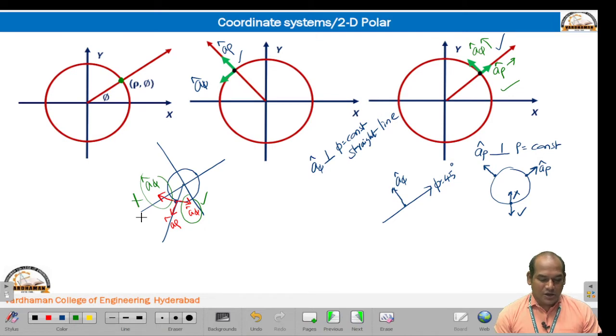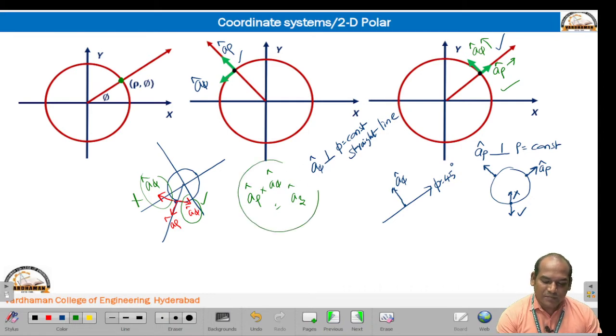Okay. So, if you perform the cross product between a_rho cap and a_phi cap, you should get a_z cap. This one you will understand in the 3-dimensional cylindrical coordinate system. In case of the cylindrical coordinate system, the third coordinate will be added, that is z, along with rho and phi.